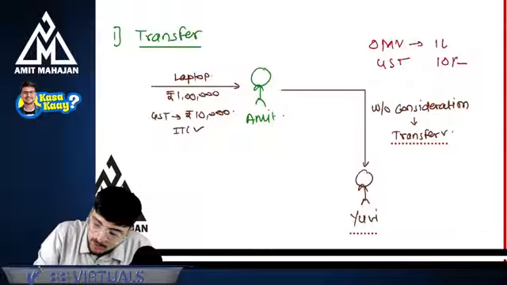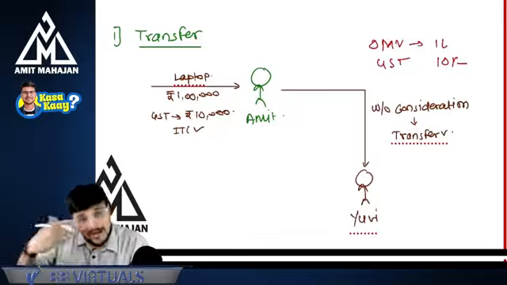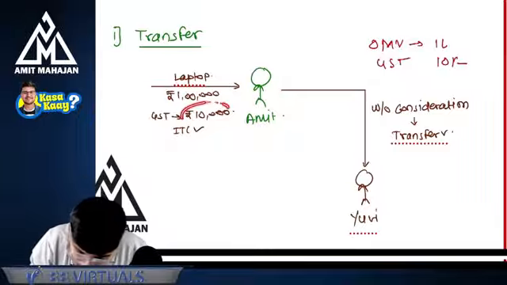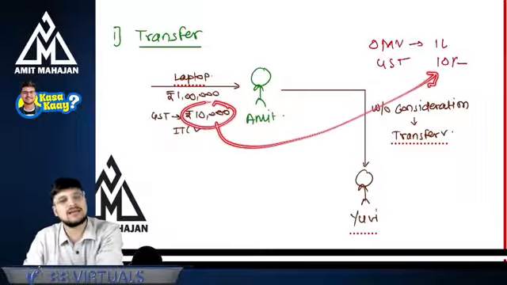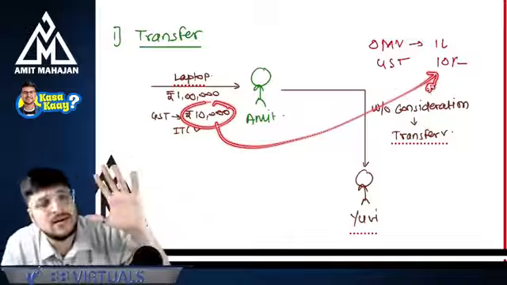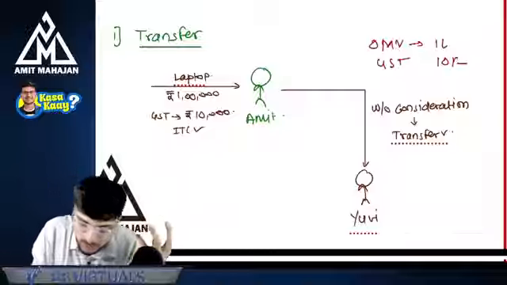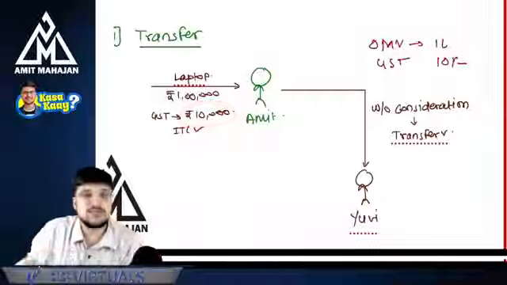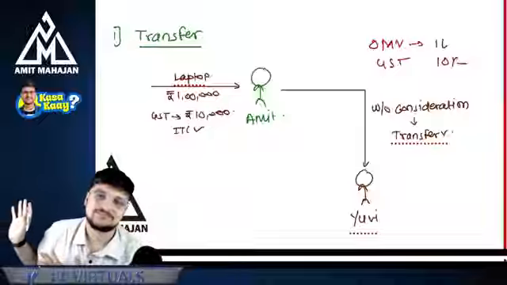Now, can I say Amit Mahajan will have to pay GST of 10,000 rupees to the government? Yes, but while he is paying 10,000 rupees, he will utilize this 10,000 rupees of ITC. So, can I say automatically, by creating my notional outward supply, everybody understanding? By creating my notional outward supply, I'm able to utilize my ITC, which means I'm ultimately reversing my wrongly availed ITC.